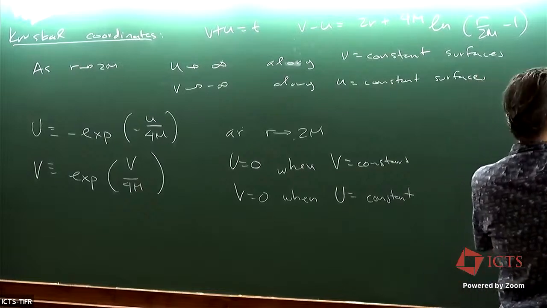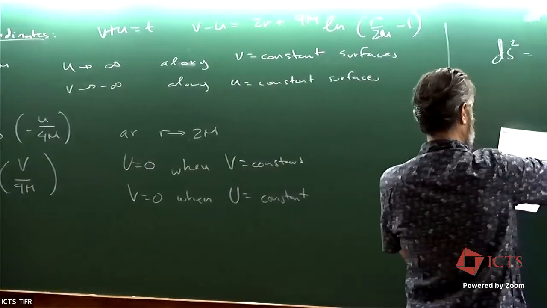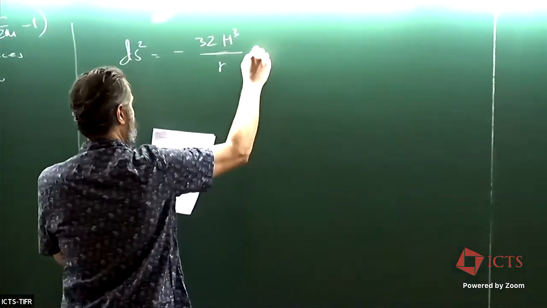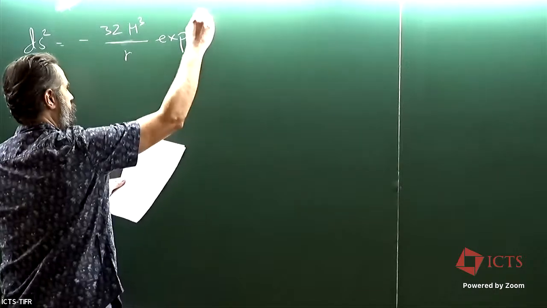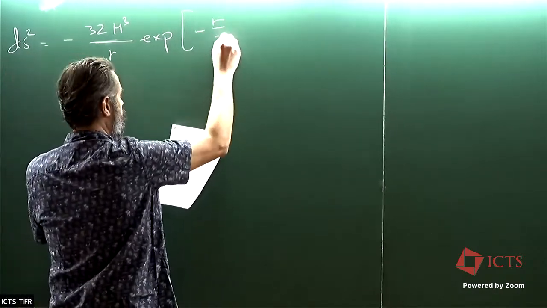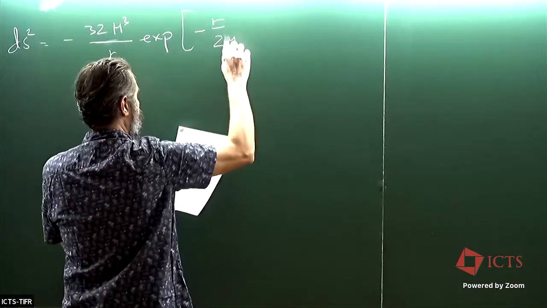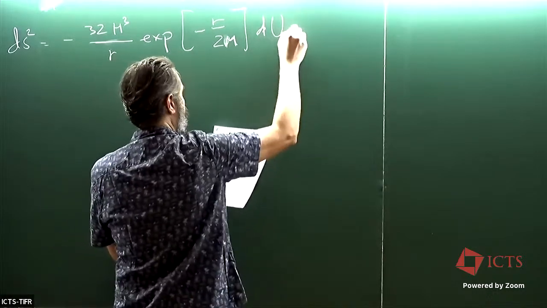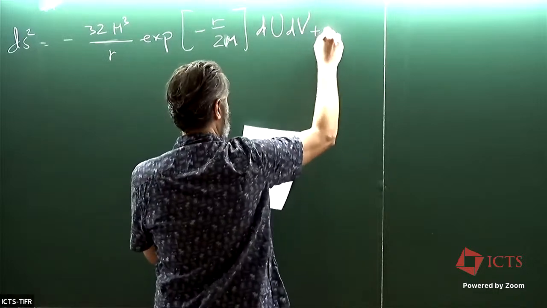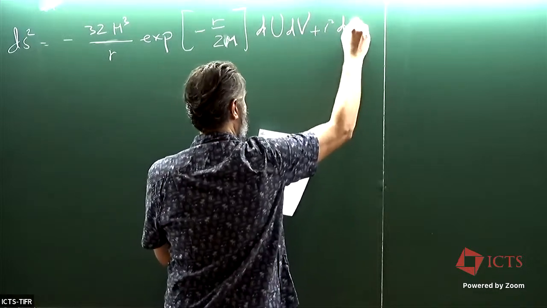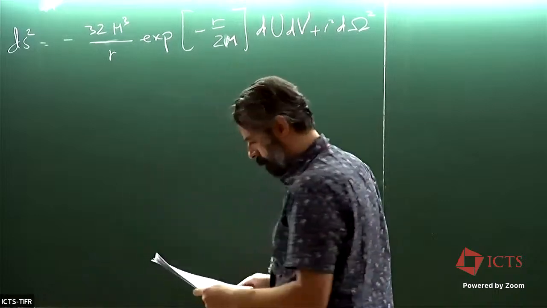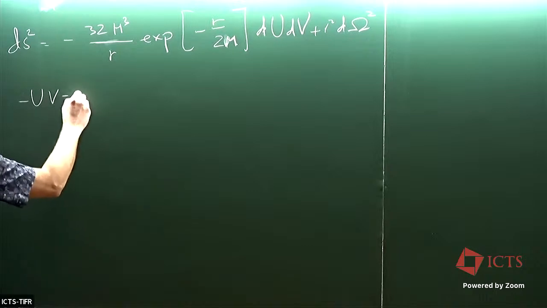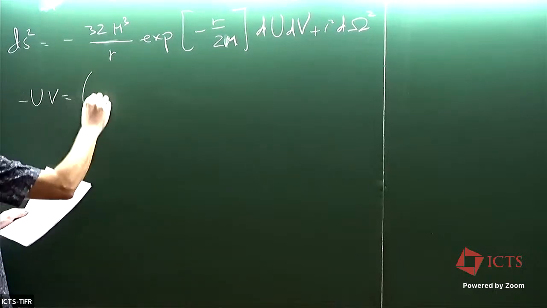So the corresponding metric then takes this form. And UV is related to R in this way.